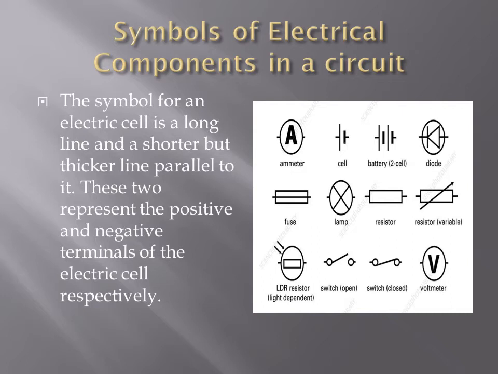These are the symbols which we can use anywhere. The symbol for an electric cell is a long line and a shorter but thicker line parallel to it. These two represent the positive and negative terminals of the electric cell respectively.